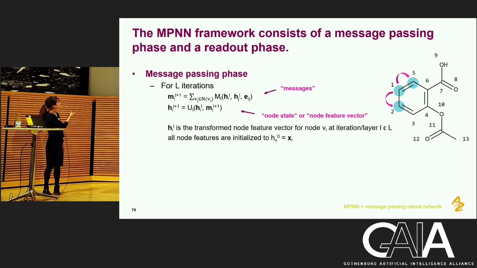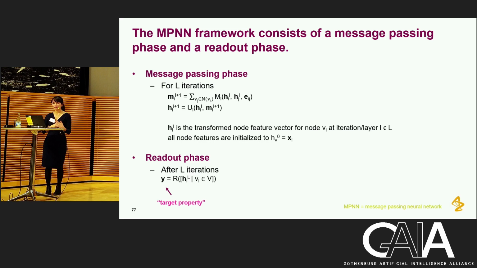And once you sum all the messages for all the bonded nodes, you then take your messages and use them as input into your update function U, along with your current node state. And once you calculate that, that allows you to update your current node state to the next one.